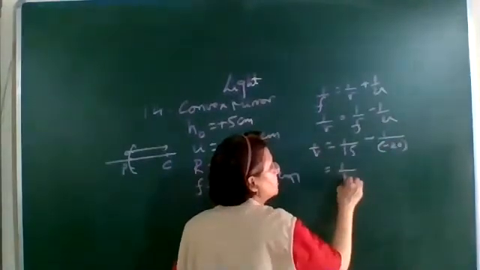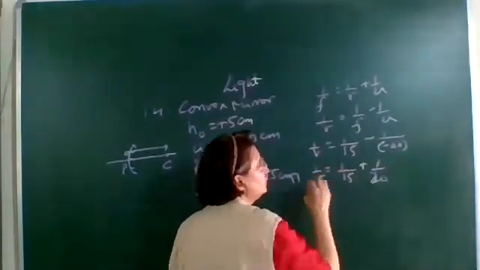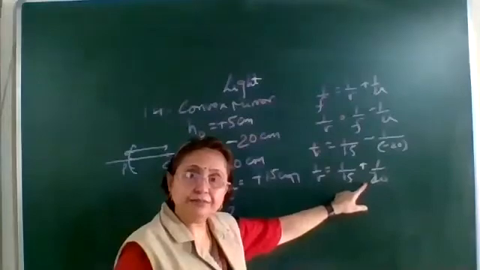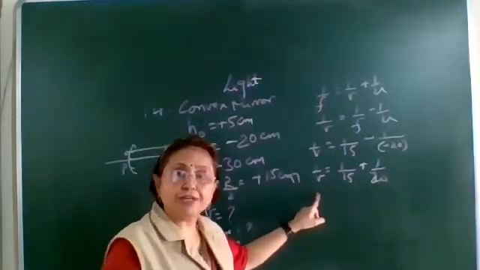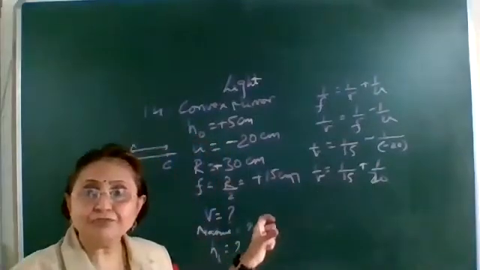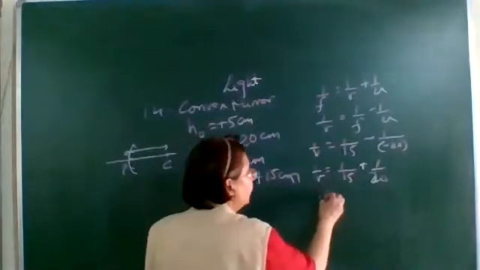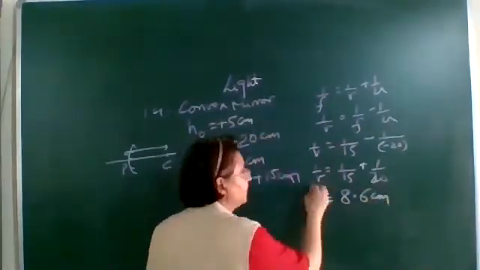That is, it becomes 1 upon 15 plus 1 by 20. Simplify it, take the LCM and then you will get 1 upon v. Reciprocate it, v will be the reciprocal of it, and when you solve it, you will get v distance to be 8.6 centimeters.